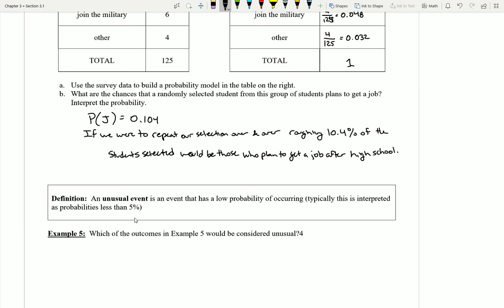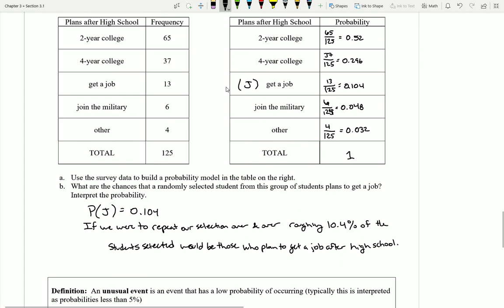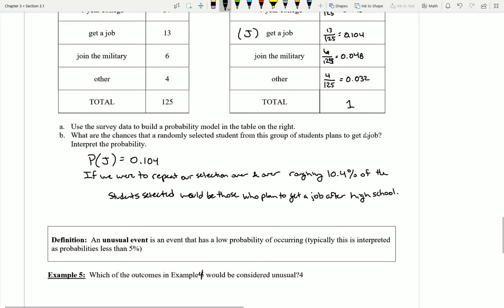So if I take a look back at what I'm working with in example number 4, what would be considered unusual events here? Well, it wouldn't be unusual to find a student that is planning to attend a 2-year college, but the percentages that fall under 5% would be join the military, which is at 4.8%, and other, which occurs at 3.2%.